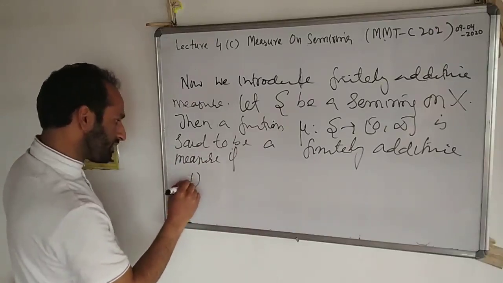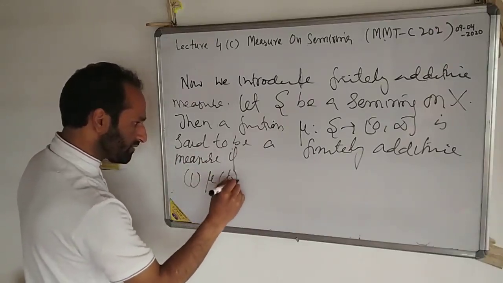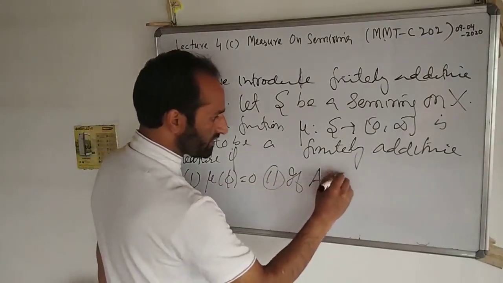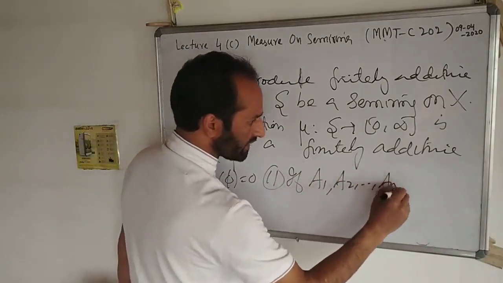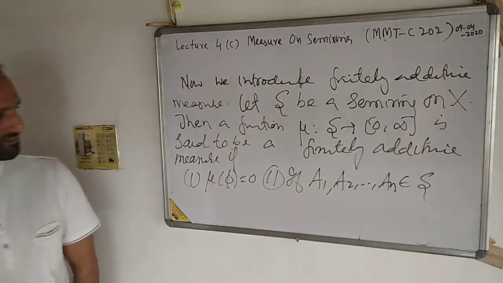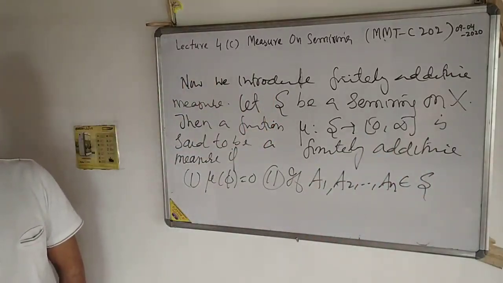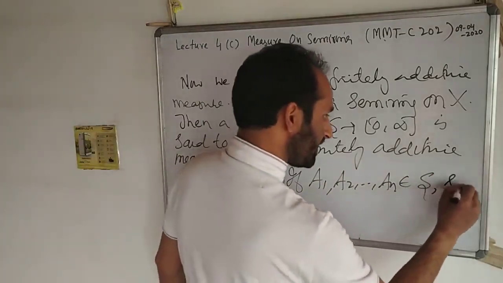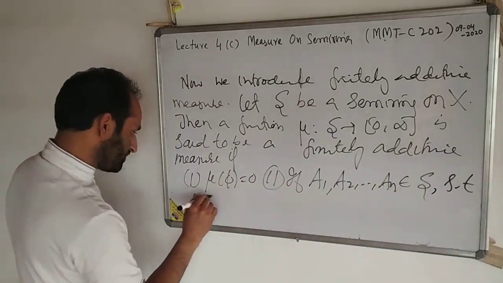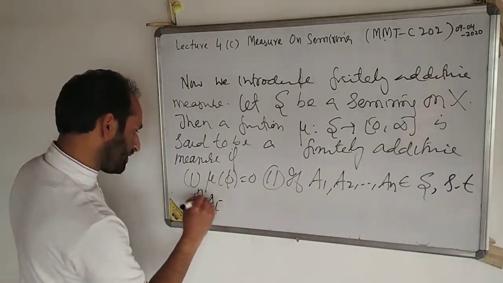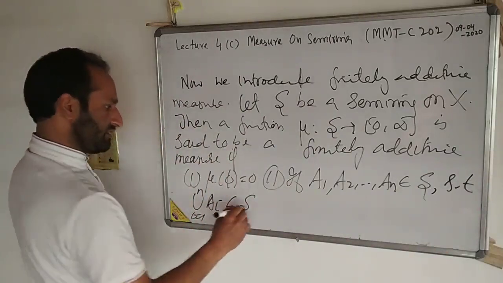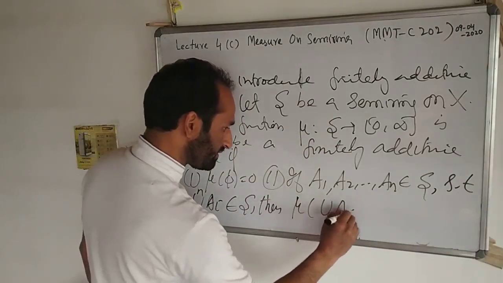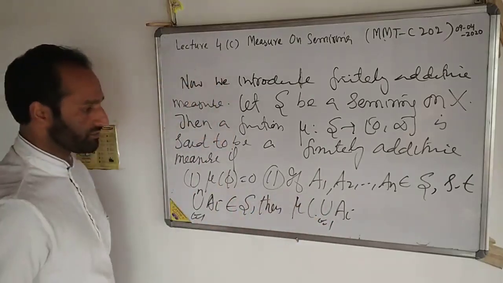if first, mu of phi is 0, and second, if we have finitely many disjoint sets, if they are in S, but they are only finitely many, not countably infinite, such that their union, union Ai i runs from 1 to n, is also in S. Then mu of that finite union, that's why it's called finitely additive, finite union.